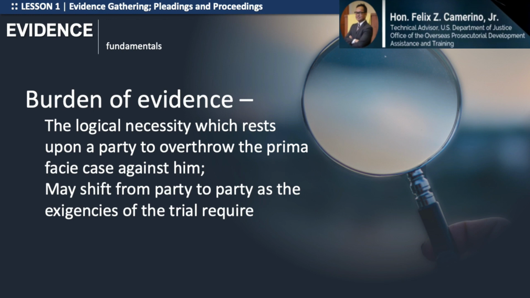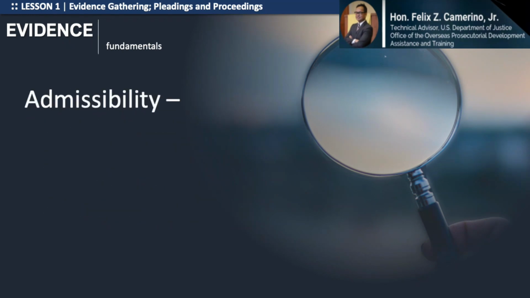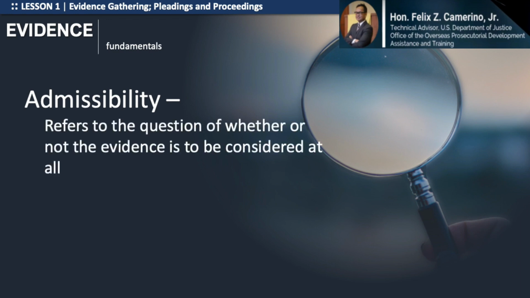Now let's dig a little deeper and look at the parameters to the rules on evidence. Let's start with admissibility of evidence. Admissibility refers to the question of whether or not evidence is to be allowed at all. Not just considered but allowed.